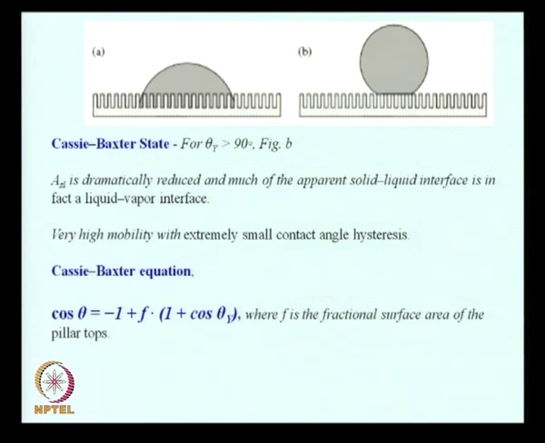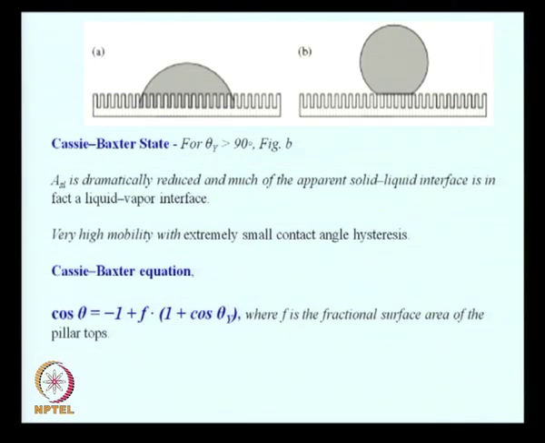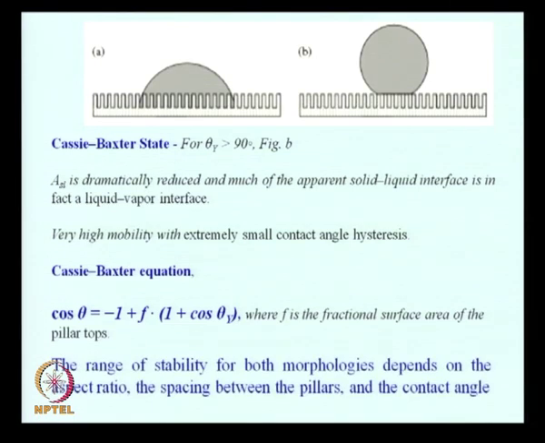There is also a phenomenological equation which connects the contact angle theta with the equilibrium contact angle, and f is the fractional surface area of the pillar tops. So, the pillars which are provided on the surface, the area of the top of those pillars is denoted by f, and this equation is the Cassie-Baxter state.